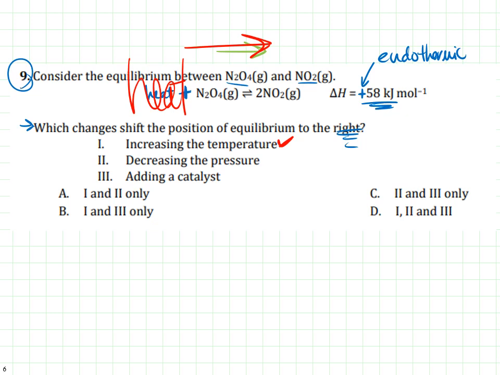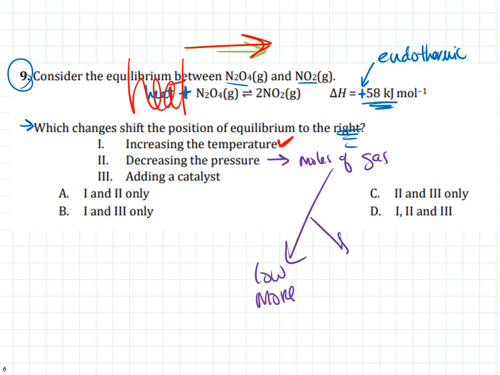How about pressure? Remember that pressure is all about moles of gas. Low pressure will favor more gas because those gases can spread out. High pressure is going to favor fewer moles of gas because they're all squished together and it's more stable to be fewer pieces instead of more pieces.